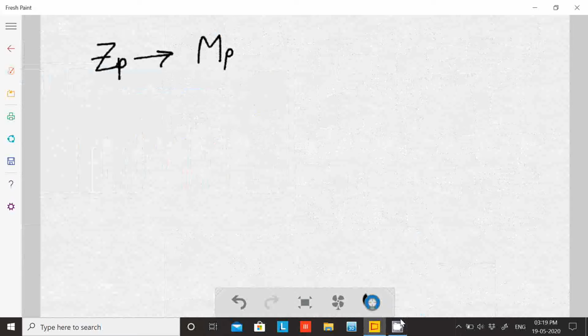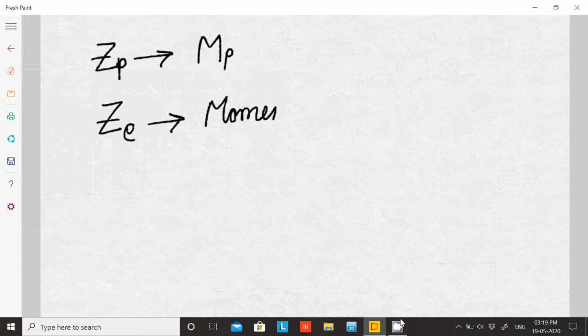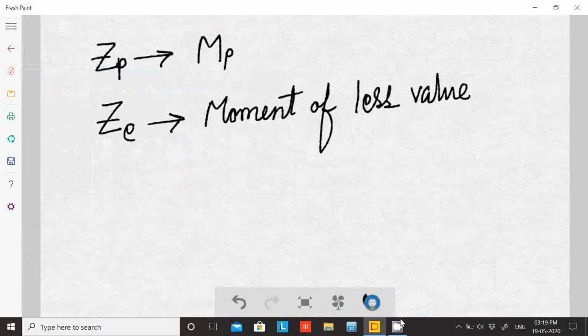And elastic section modulus will be obviously related to a moment which is of lesser value, and we try to give the loading in such a way that it at least tries to reach the plastic moment. Otherwise, what will happen? The full capacity of the beam will not be utilized, if you don't give the loading till plastic moment.